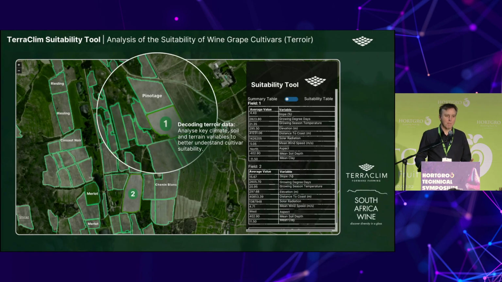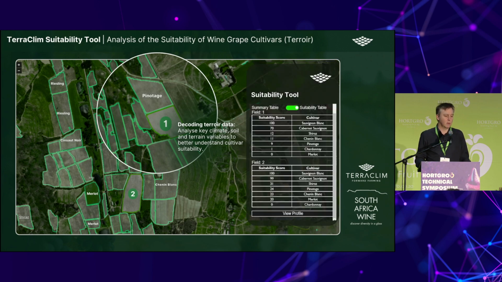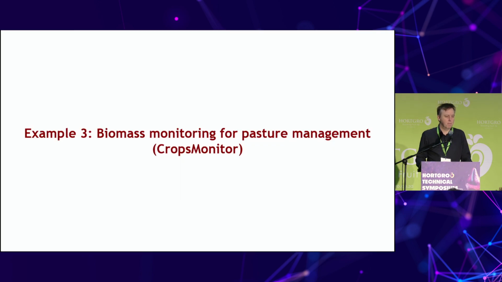And the assumption that we made is that for the 6,000 vineyards that we used to train the model, some logic or some research went into the establishment of that orchard or vineyard in this case, or it was based on experience. So basically we used people's knowledge, people like you, to train the model, and now the model is basically giving back that knowledge to others who want to learn from it or benefit from it. So please go and have a look at TerraClim.